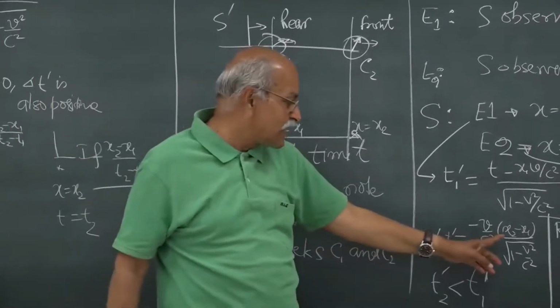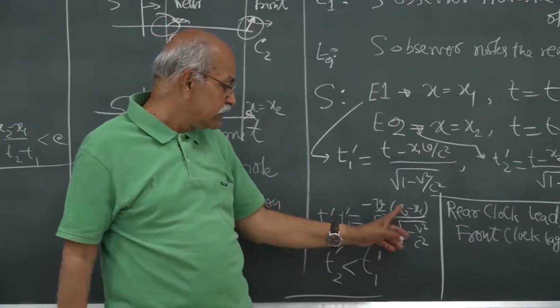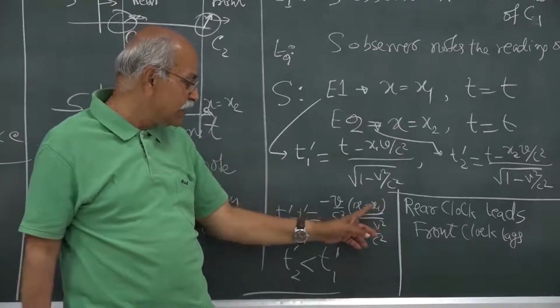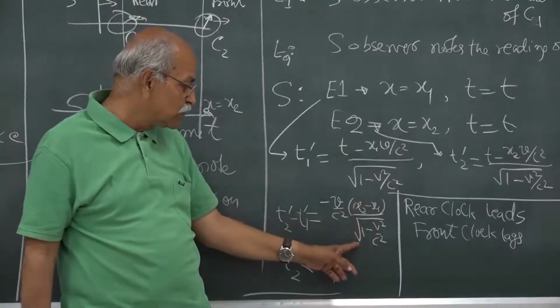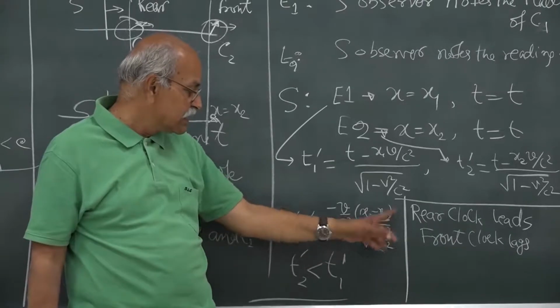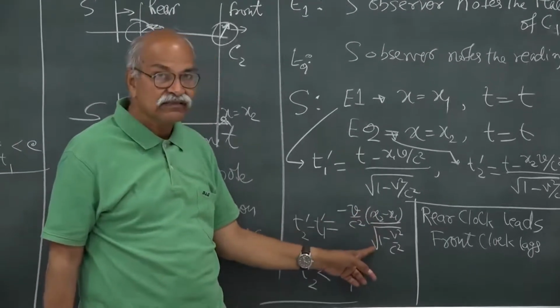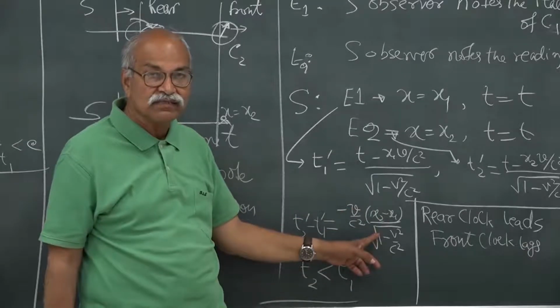So, if you look at this factor and this expression x2 minus x1, which is the moving length, and you divide it by square root of 1 minus v square by c square, its value increases and becomes the rest length between these two clocks.